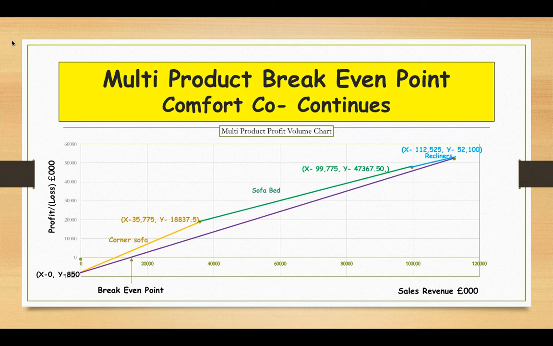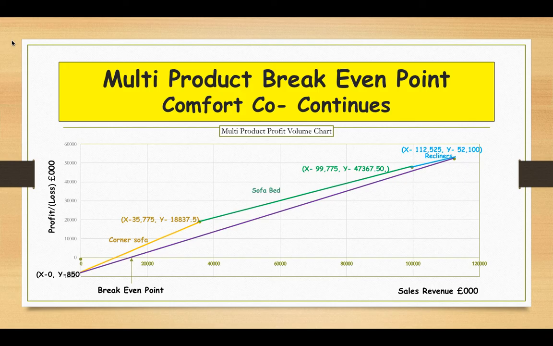So we are going to use the points we have calculated in our previous slide, cumulative profit or loss and the cumulative revenue. So the cumulative profit or loss is going to be on the y-axis, and the cumulative revenue is going to be on the x-axis. So if you look at our step 1, we have ranked the products based on the contribution to sales ratio.